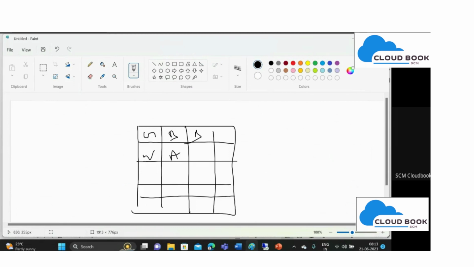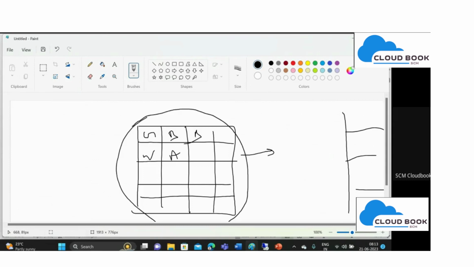When you receive this material in your warehouse, you do not have bins big enough to accommodate this one big pallet. You have smaller bins in the storage type, and you cannot accommodate that big a pallet. So what you do is take these pallets to the area known as deconsolidation.